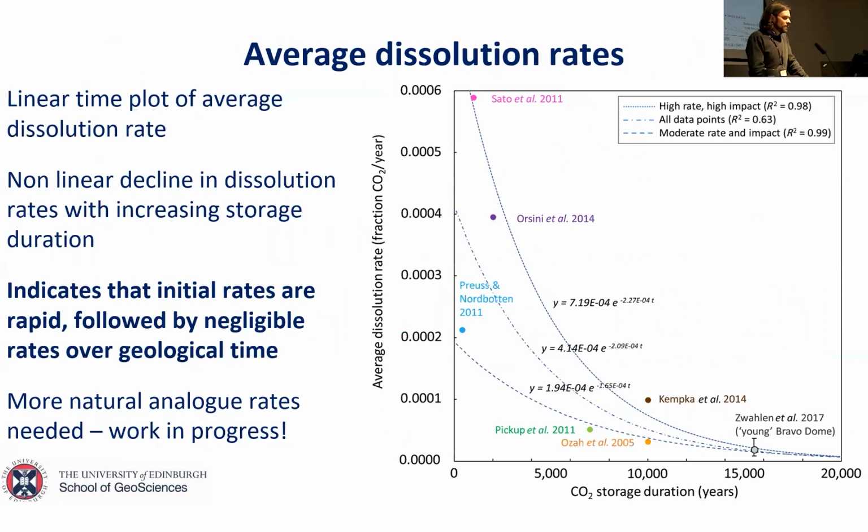And putting that onto an average dissolution rate plot here, which is the fraction of CO2 per year, again against storage duration, does seem to bear that out, that actually there's a non-linear decline in dissolution rates with increasing storage duration. And it does indicate that the vast majority of the dissolution is happening, as far as we can see, early on as that CO2 is injected. It's primarily due to the interaction of the CO2 with water.